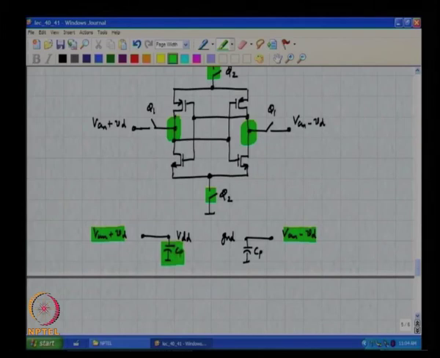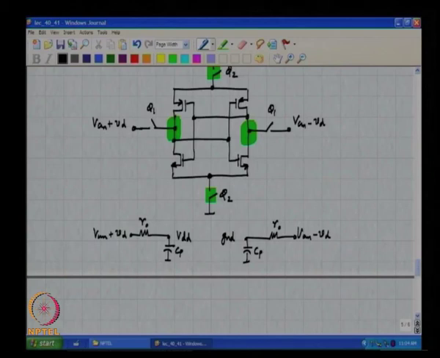In practice, the voltage source that is trying to write into these nodes will have some finite output impedance. So, let us call that output impedance R0.